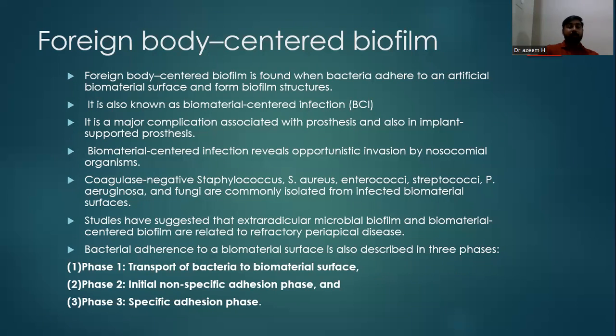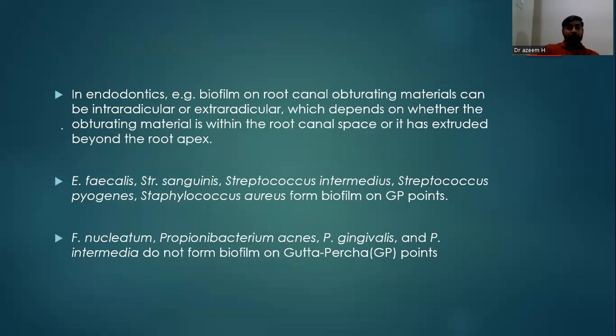Again, bacterial adherence to a biomaterial surface is described in 3 phases: transport of bacteria to the biomaterial surface, initial non-specific adhesion, and finally specific adhesion between the bacteria and the surface. In endodontics, biofilm on root canal obturating material can be intraradicular or extraradicular, depending on whether the obturating material is within the root canal space or has extruded beyond the root apex.